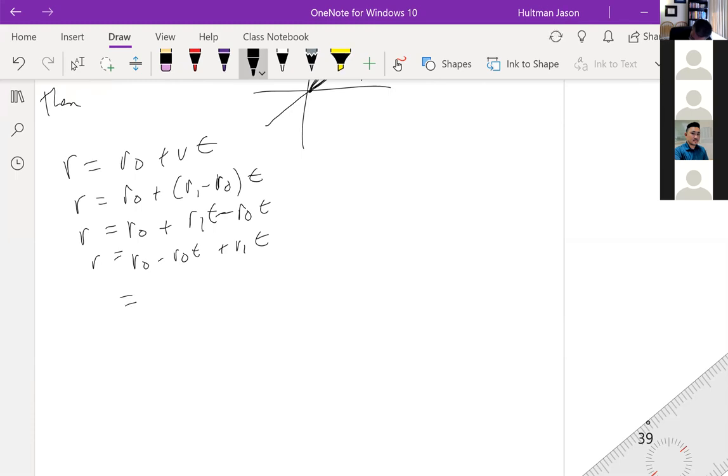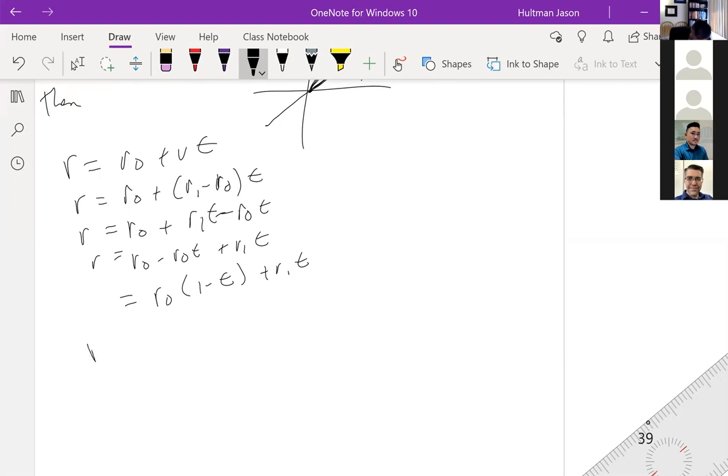Okay. So now I'm going to pull out this R naught. So this becomes R naught times 1 minus t plus R1t. I'm going to rewrite this a little bit more.